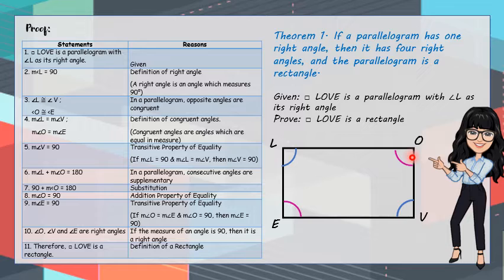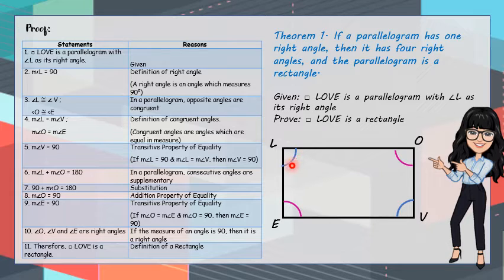It is very important for us to know the relationship of our angles toward each other, so that we will know the measure of the angles, especially if we are dealing with parallelograms. So angle L and angle O are consecutive angles. They are side by side.